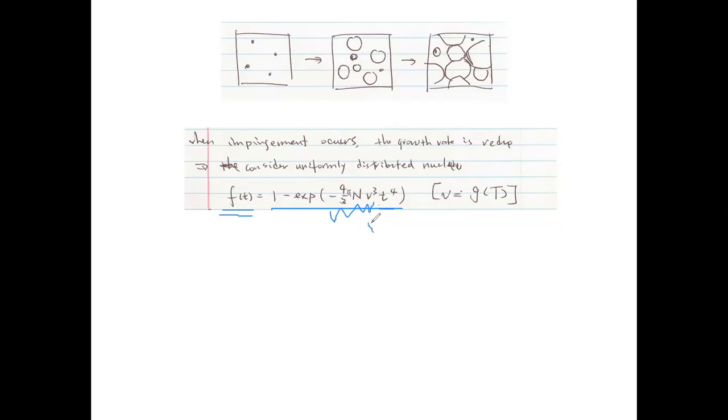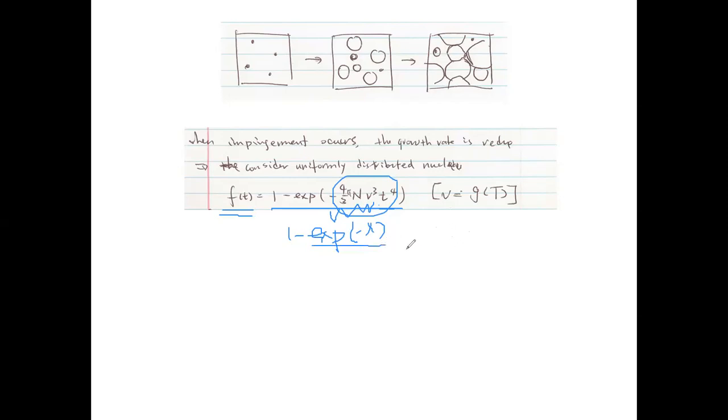Now I call this x. I group all of this stuff and call it x. So basically what we have for now is simply e to the minus x. When x is very small, or very close to 0, you can do a Taylor expansion of this exponential function.